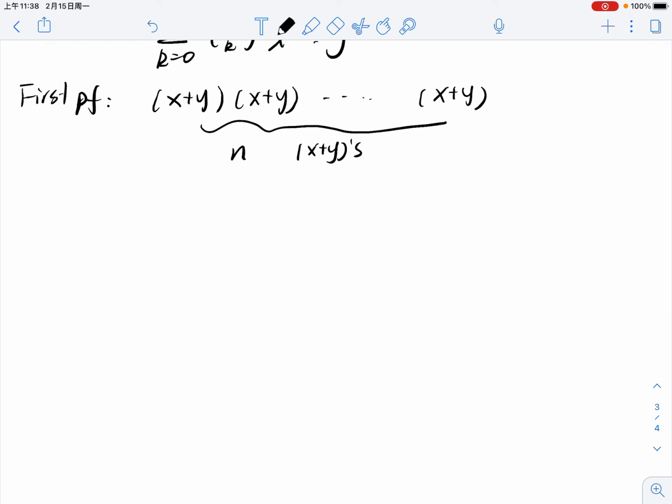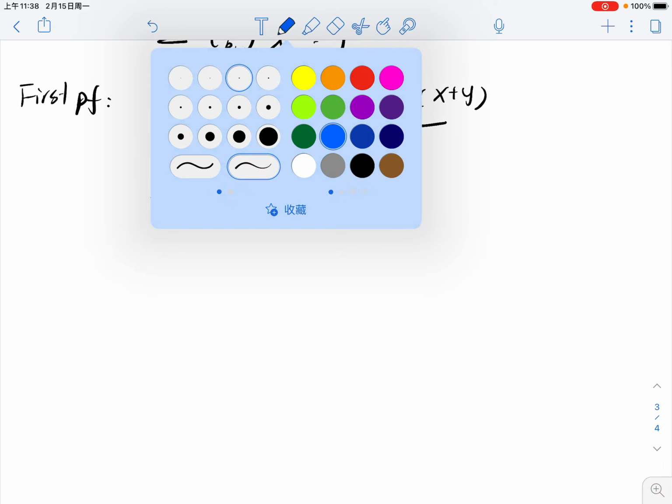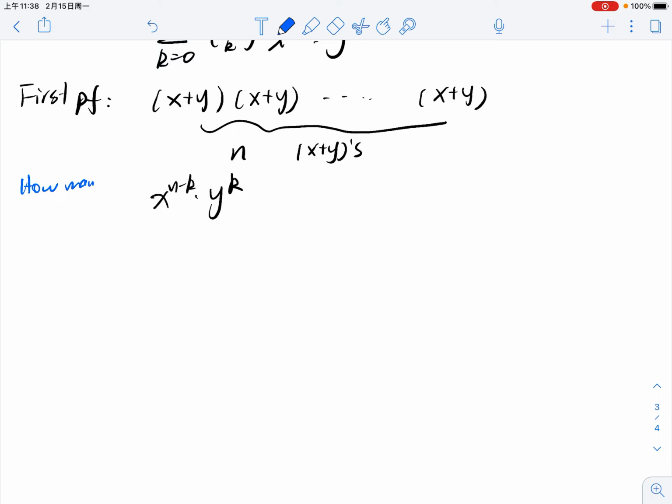And to compute the coefficient for the term x^(n-k) times y to the k's power, you will see the coefficient is equivalent to the number of ways we derive this monomial when we apply the distribution law.